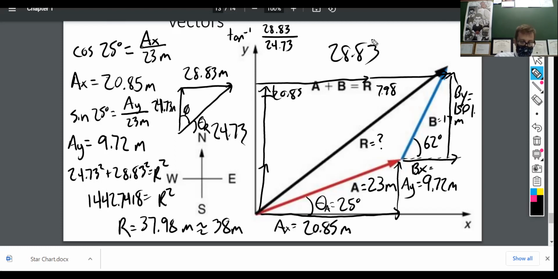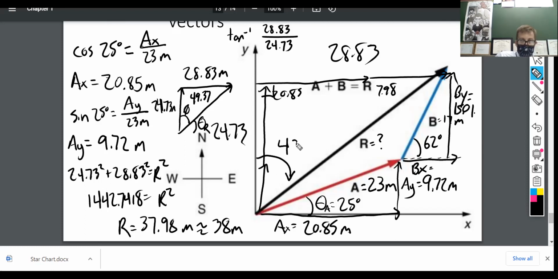So 28.83 divided by 24.73 is equal to 1.16, and the inverse tangent of that is 49.37 degrees. And so this angle here is 49.37. So that's the angle that it makes with the vertical.